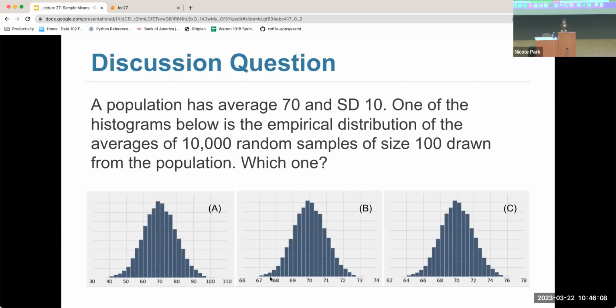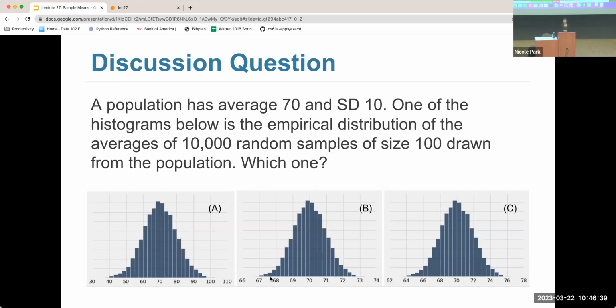The reason is that the population standard deviation of 10 divided by the square root of the sample size, 100, is 10 divided by 10, which gives 1. That's the standard deviation of the sample average, and it's where the point of inflection is. You can also see that in B, 95% of the values are approximately within two standard deviations, 68 to 72. So that's an overview of what the central limit theorem is.